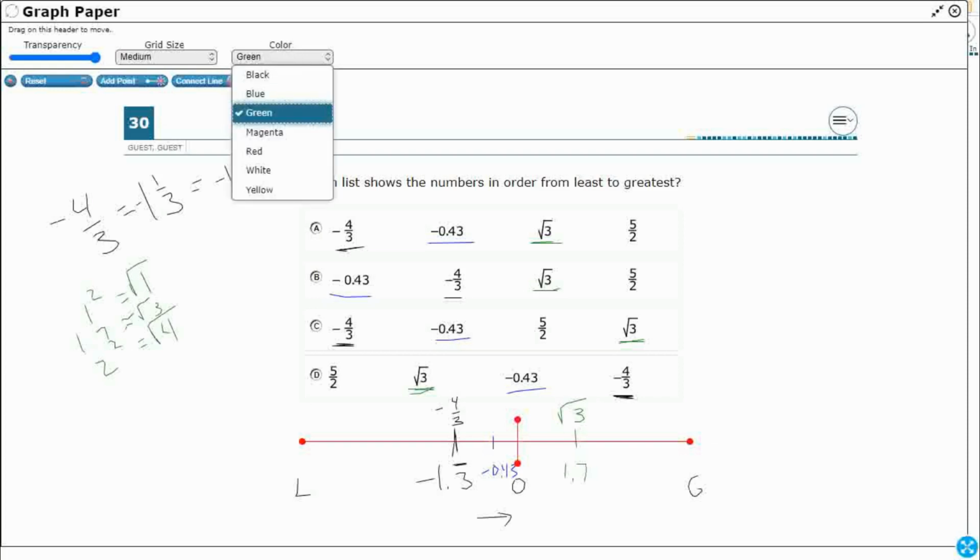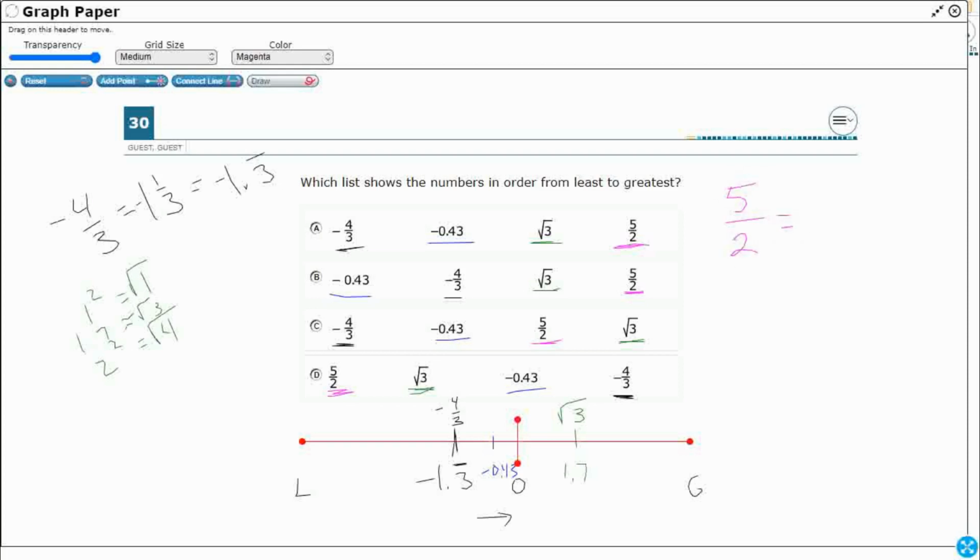And then finally, we get this, 5 halves. 5 halves is another positive, so it's going to be over on the right, but let's see how big it is. 5 halves is an improper fraction, which is 2.5. So that's way over here.